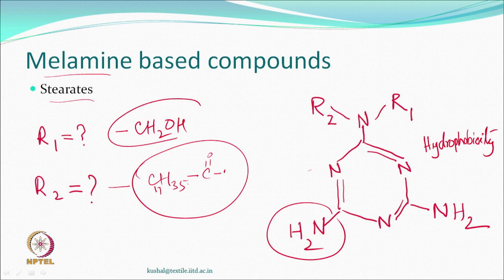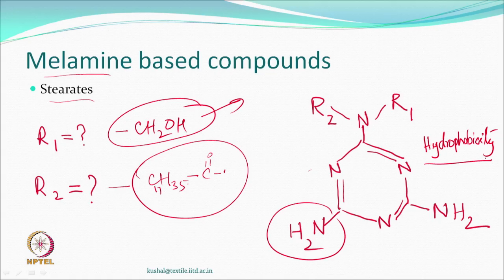reaction with the substrate can occur through this. If there are more of these groups, then they can make a network structure if the substrate is not reactive, and then they can make a film. Therefore, permanency, or shall we say the wash fastness, could be improved.